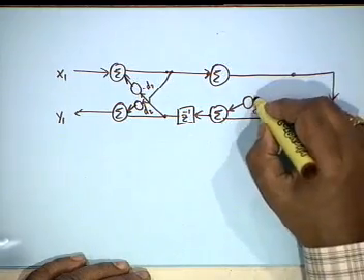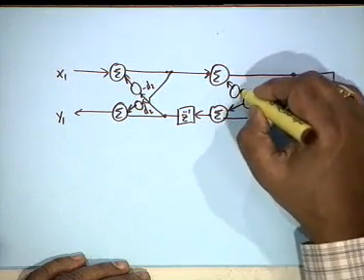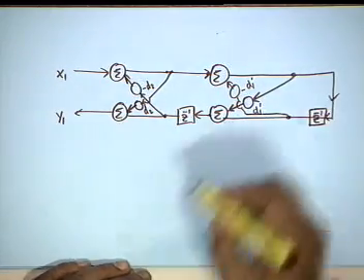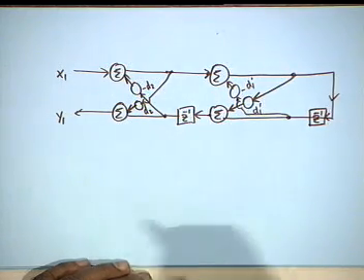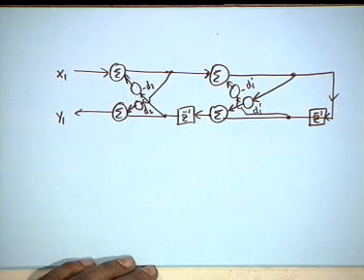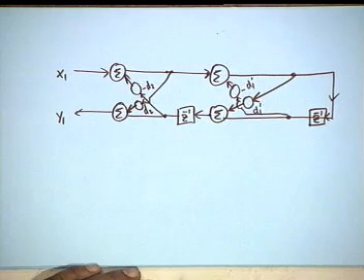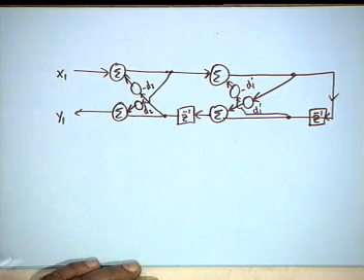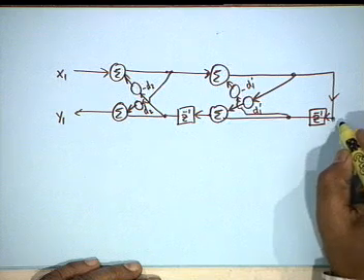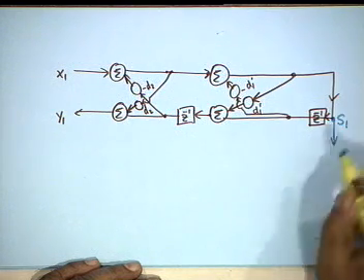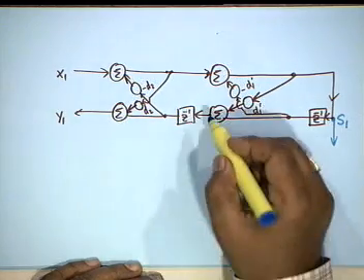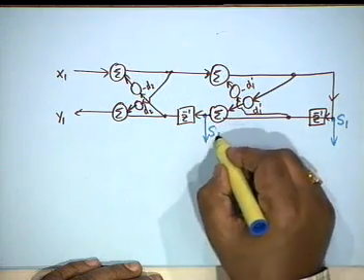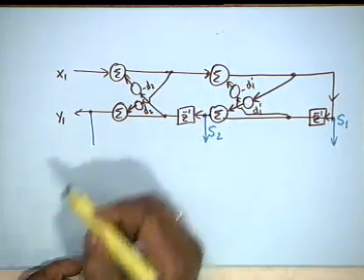So, this is D1 prime and this multiplier is minus D1 prime, let it come here, minus D1 prime, Z inverse, I have used everything. Okay. And I wanted to tap. Okay. Let us call this signal S1, the signal available here as S2, and the signal available here is of course Y1.